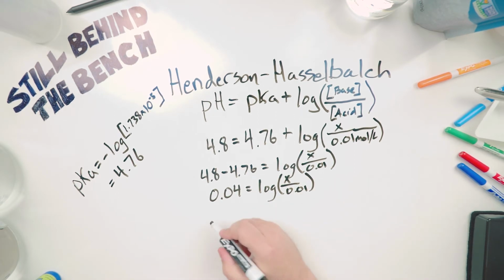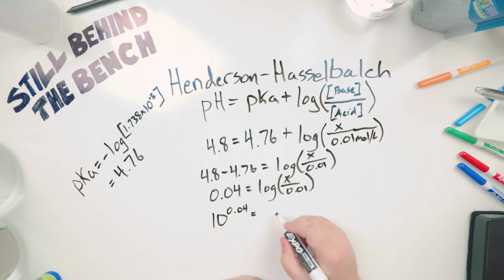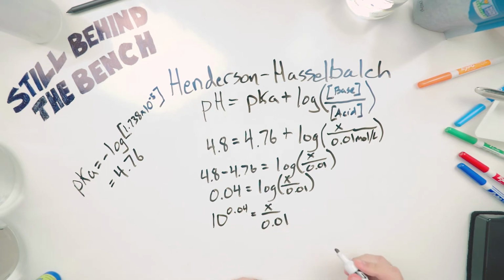Then to get rid of the log, you do the x to the power of 10 equals x over 0.01. Then we get 1.0965, and we're going to multiply them both by 0.01.